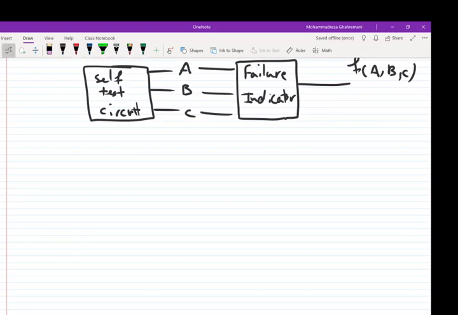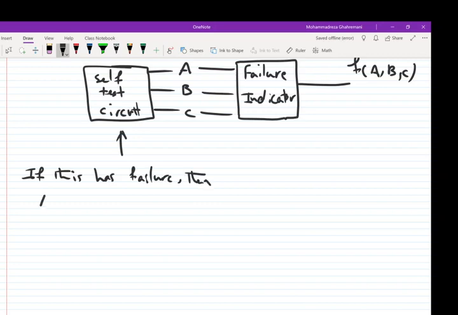For self-test systems, we say if this has failure, then A, B, C is equal to 0, 0, 0 or 0, 0, 1.